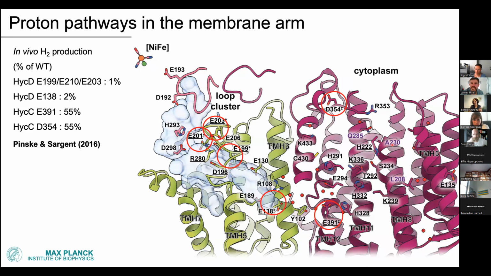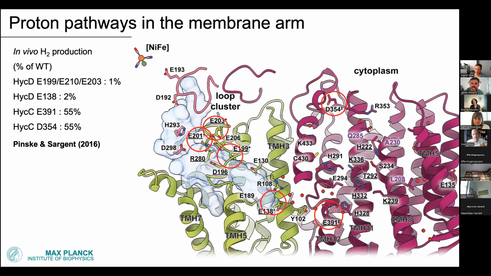And we really didn't see a consistent pathway for protons. That in a way makes sense because the experiments that Connie Pinske and Frank Sargent did had tried mutating a lot of these residues in the Hc and found that they didn't have an impact on in vivo hydrogen production, even though mutation of residues up here did have a large impact on the hydrogen production.